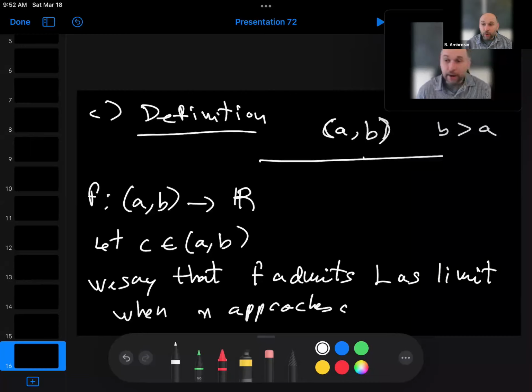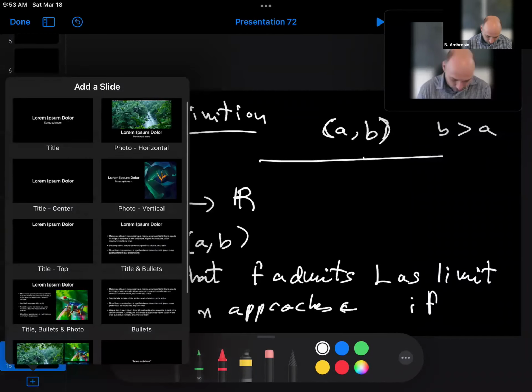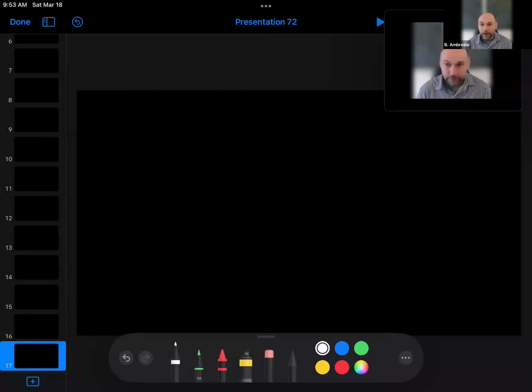So c might or might not be in the domain of definition. f is defined on (a, b), and maybe at c it is not. In this case, I don't include the case L equals plus infinity, and neither do I include c. We could work on that, but I don't have time to do it right now.